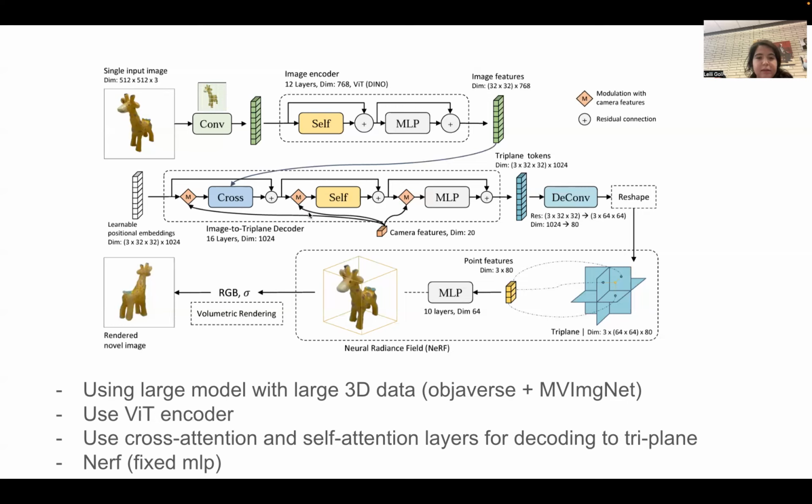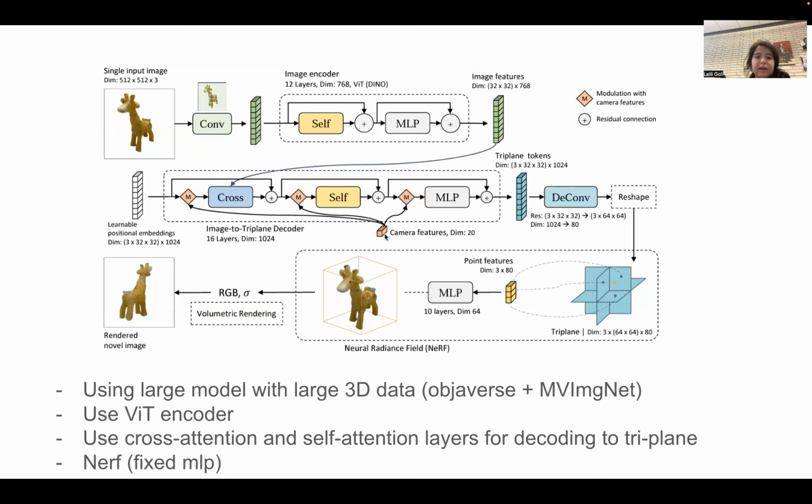Then they have a bunch of self-attention layers. These are supposed to find structural patterns between the features of this learned feature to find 3D correspondence. So later, when this feature is unrolled into a triplane, some points should have high correspondence to each other because they capture one part of the geometry. So this was what the cross attention and self-attention layers were doing.